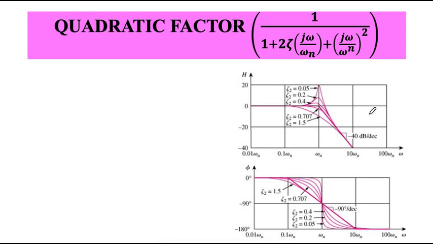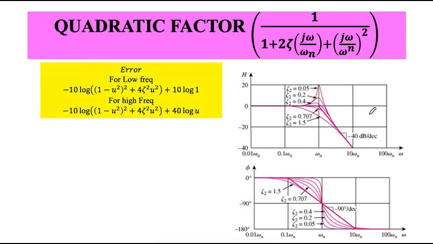Again I can compute the error. What is the actual magnitude? This is my actual magnitude. If I take the square root, it will be minus 10 log 1 for the error.